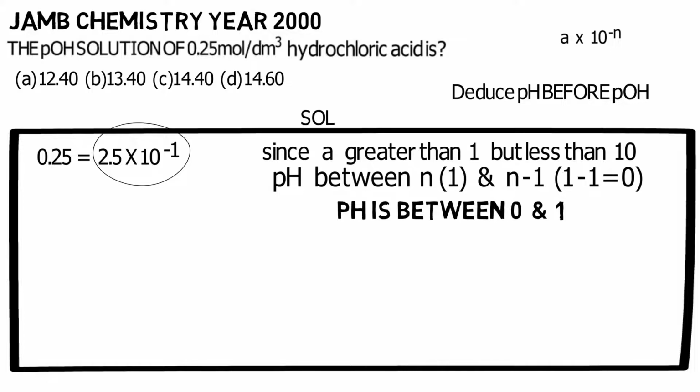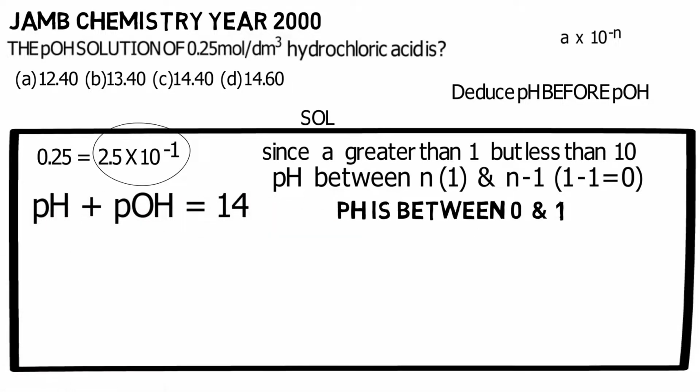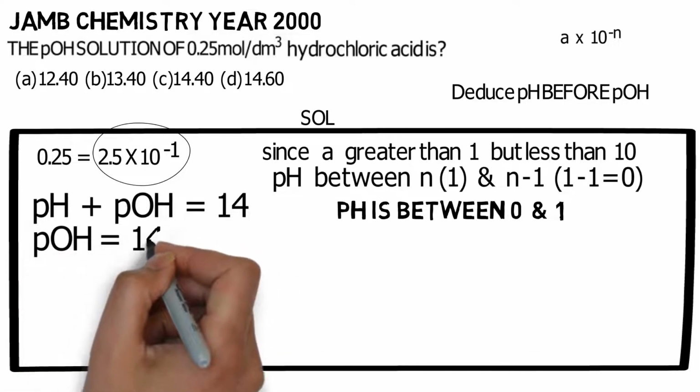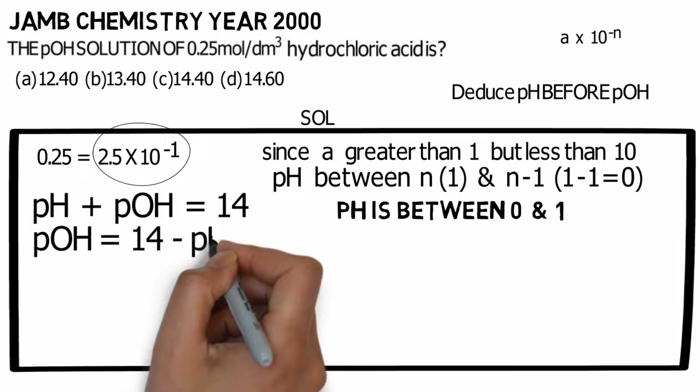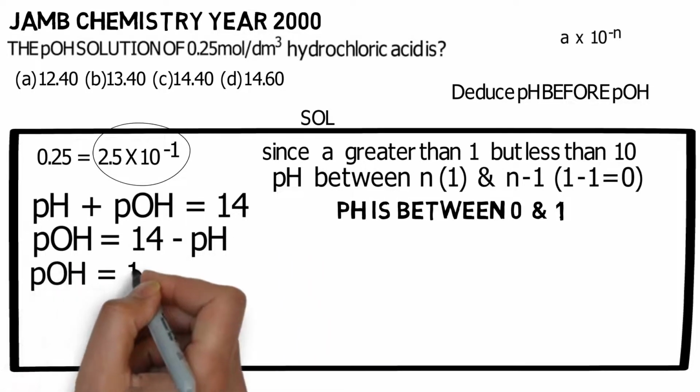Now, since we've deduced the pH, we can move forward to deduce the pOH. We remember that from general chemistry, pH plus pOH equals 14. This means, making pOH the subject of the formula, pOH equals 14 minus pH.